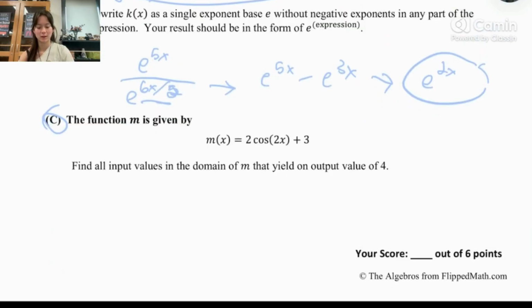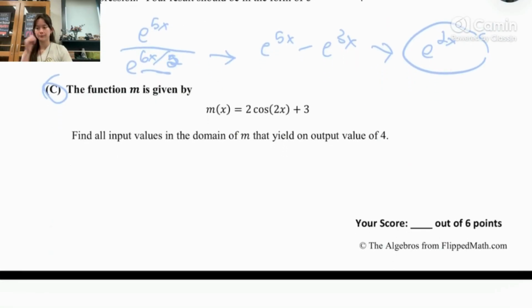Pretty simple. Okay, for part C, we are finding all the input values that yield an output of 4. So, we're going to start with 4 equals 2 cosine of 2x plus 3, and we're going to subtract 3 from both sides, so that would get you 1 equals 2 cosine of 2x.